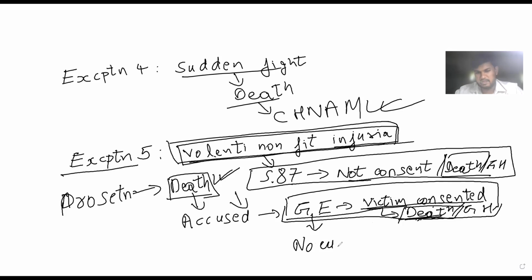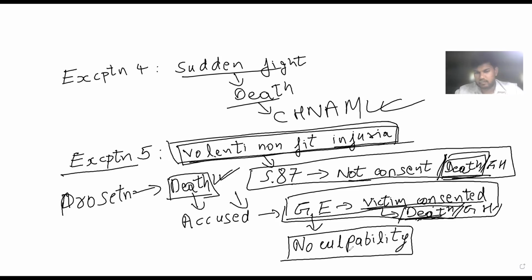There will be no culpability, an acquittal. Remember, if general exception is proved, no culpability. But since section 87 says no person can consent to his death or grievous hurt, here general exception will not be proved.